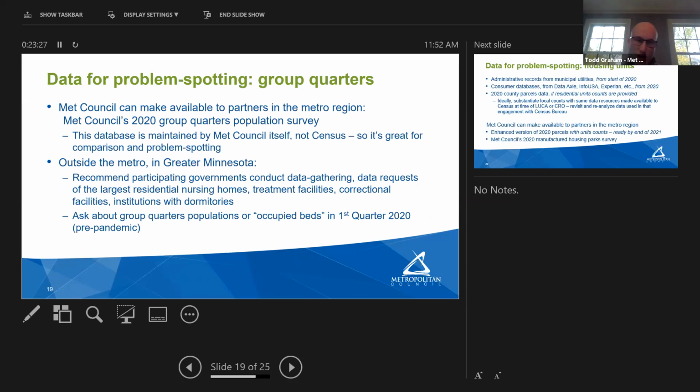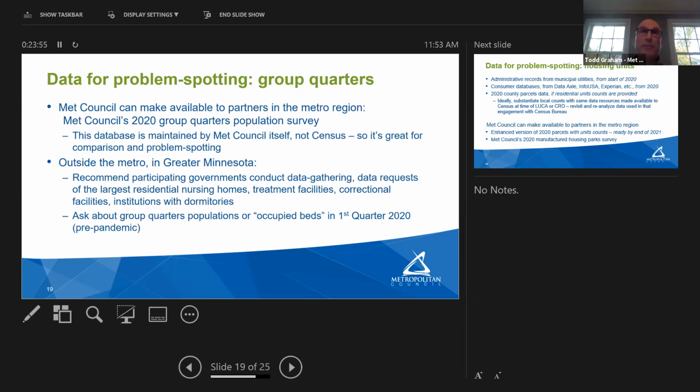We also get data for the smaller group home situations from Minnesota DHS. So we have this database that you could use for comparison with what Census Bureau believes the group quarters population to be. I think there are going to be a lot of discrepancies there. And it is going to be a higher hurdle to get Census Bureau to make corrections.